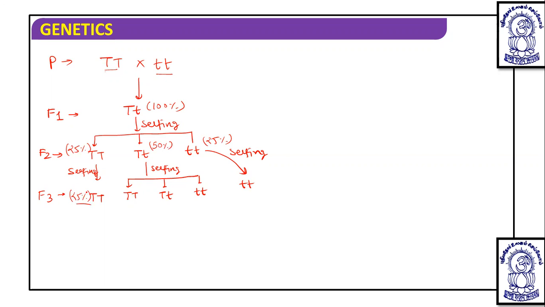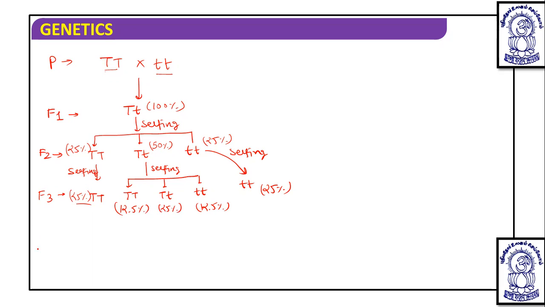Out of this 25%, all 25% is going to produce capital T, and this 25% dwarf is going to produce 25% dwarf. But here, when we talk about selfing of capital T small t, 50%, then out of 50%, 12.5% are going to be this one, 12.5% are going to be this one, and 25% are capital T small t.